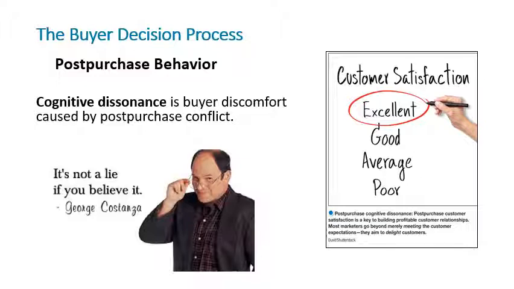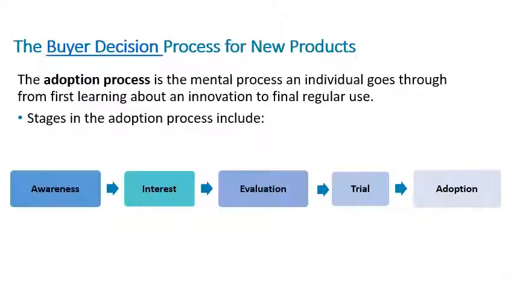In general, there are different ways of measuring customer satisfaction, but most of the time it's measured quite widely in pretty much every consumer packaged good and consumer product in general. Okay, finally, when it comes down to buying products, a process that is slightly different is how people buy products that are new to them.